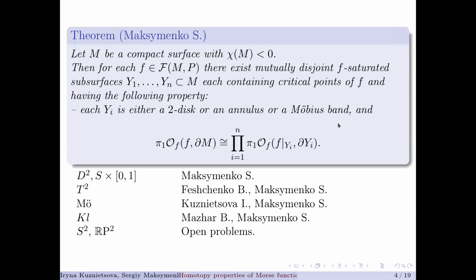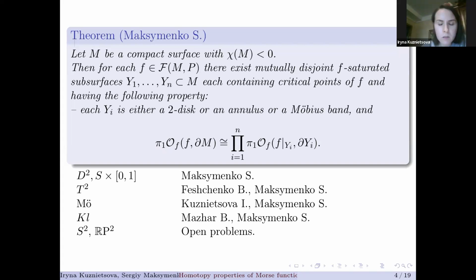Let me comment. In the situation when we have a finite number of critical points, isolated and of specific type, the orbits of these functions constitute a Fréchet submanifold of finite codimension in the space of all functions.